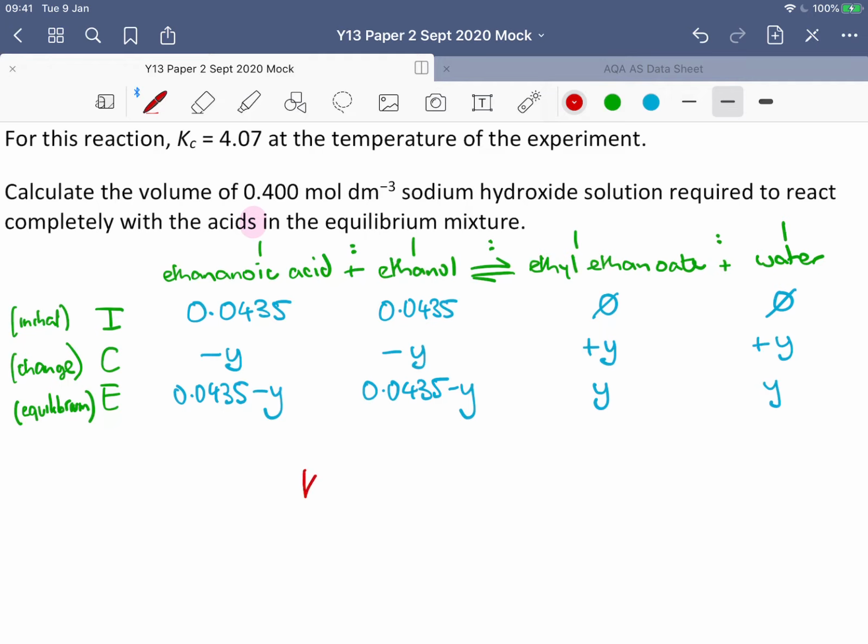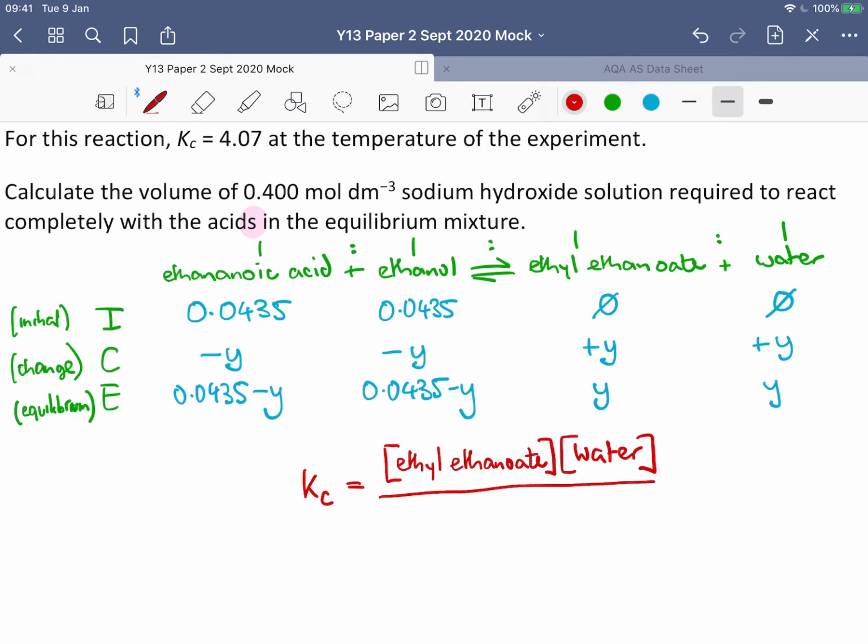So let's write our Kc expression. Now it's our products over our reactants, and they are to the power of whatever their molar ratio is. And I've got my ethyl ethanoate, and I've got my water.